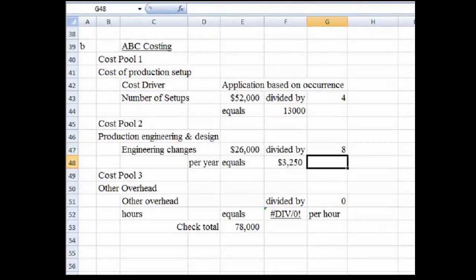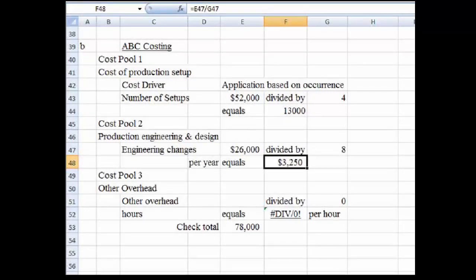Therefore, the number 8, which of course is 6 plus 2, goes in the cell to the right of divided by. The calculation shows each engineering change as costing $3,250, which is $26,000 divided by 8.